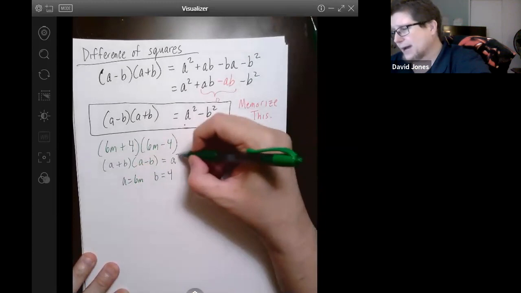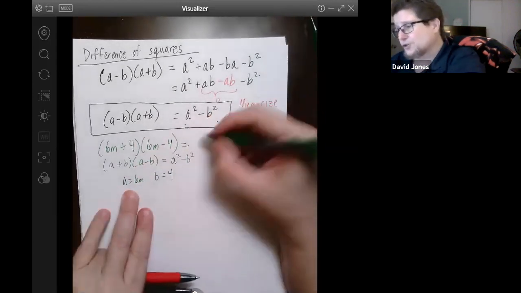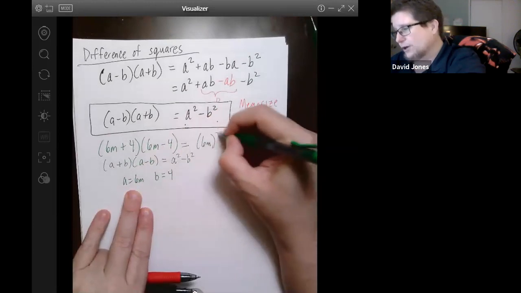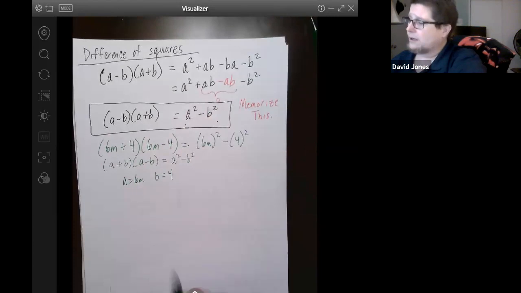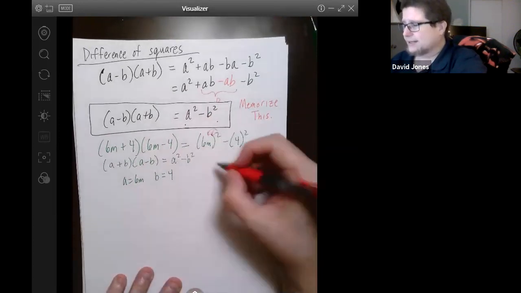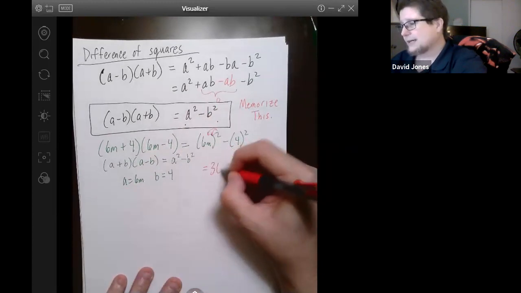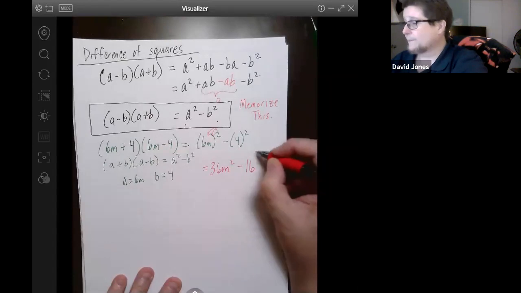If I follow the pattern a squared minus b squared, this should be 6m squared minus 4 squared. And remember, you distribute the 2 to each one. 6 squared is 36, m squared, and then 4 squared is 16.